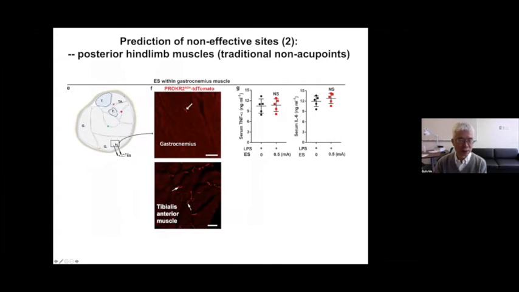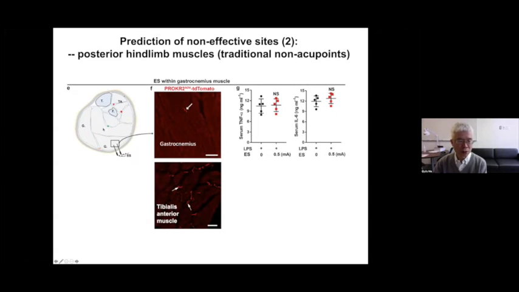And when we look at the innervation within the gastrocnemius muscle, it's a fairly sparse innervation by Prokr2 neurons, compared to the inner compartment within the anterior tibialis muscle. Again, it's a tenfold difference.